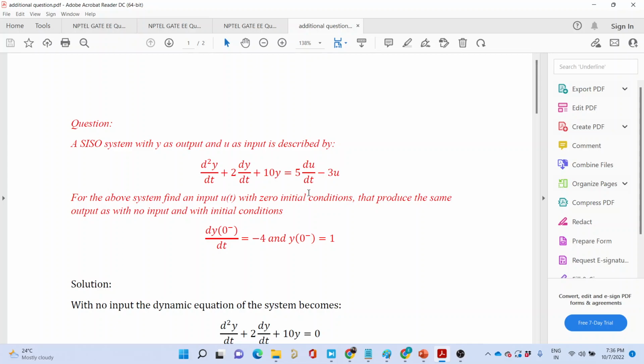S by 3 upon 5S minus 3. So what is the input given in the time domain?